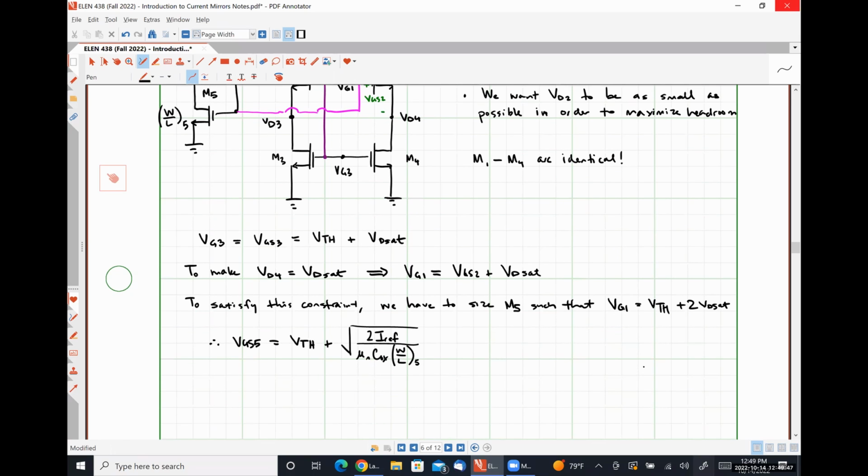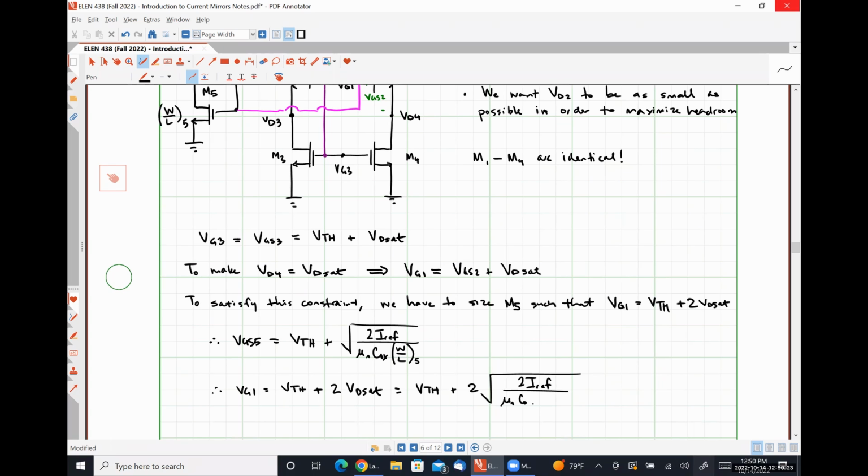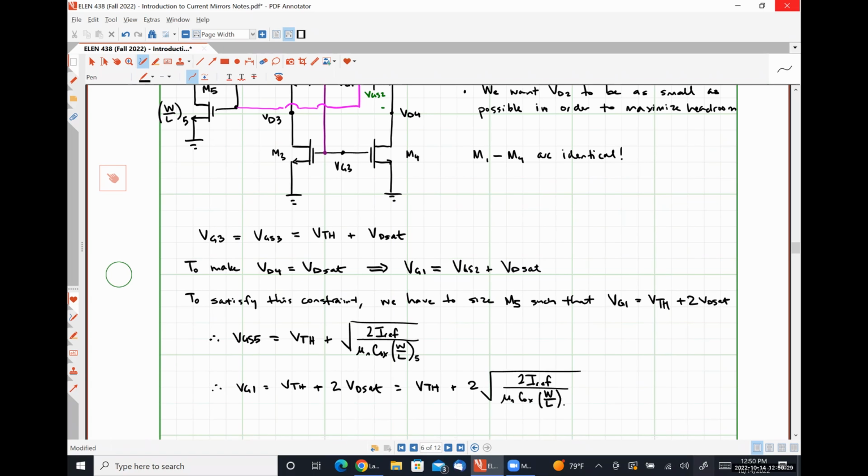And we need VG1 to equal VTH plus twice VD sat, which would be VTH plus twice the square root of twice I ref over mu n C ox W over L of 1 through 4.